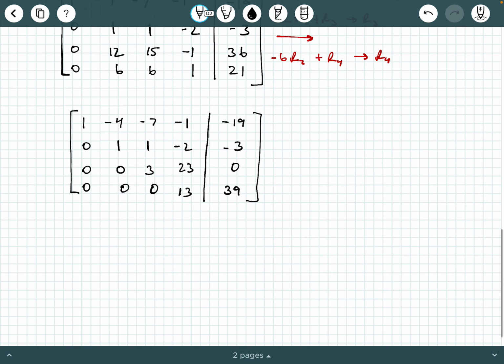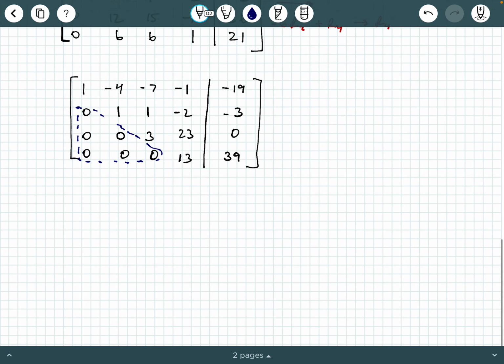We've got the lower triangle. Notice that we have our lower triangle here of all zeros. That's what we want, but we still need the main diagonal to be all ones. So we're almost there though. So let's perform this operation.